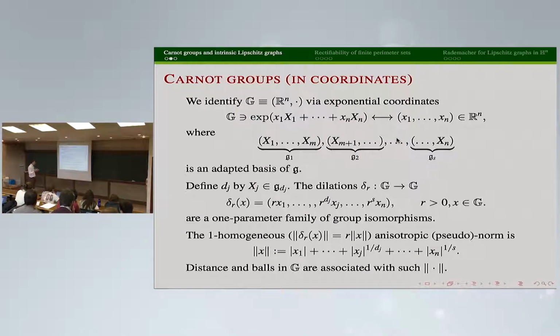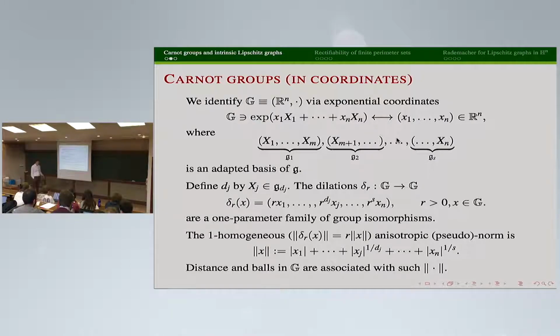From time to time, distances and balls will appear, and even this norm will appear. This is one homogeneous norm that you can fix, homogeneous with respect to dilations. Actually, it's not a norm, it's just a pseudo norm because it satisfies the triangular inequality only up to a constant greater than 1 in principle, but it's just a reference norm that you can fix.